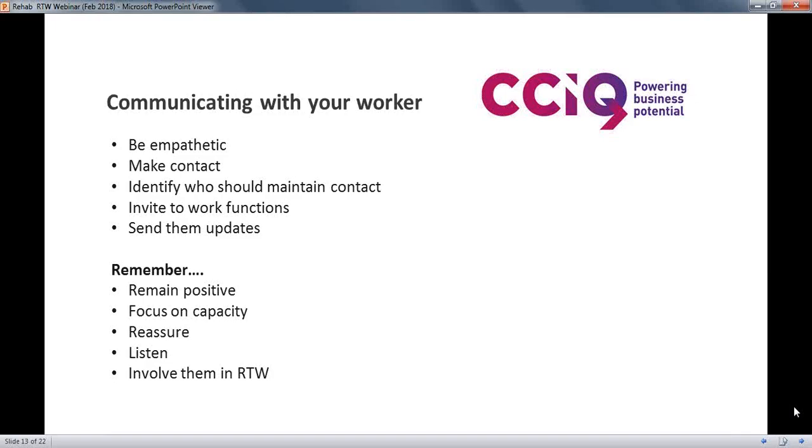It may be longer. So there's a number of things there that are going to affect you in each case, but if you can focus on ensuring these things occur in terms of communicating with your worker, you're more likely to get through the dark and stormy parts, and the times when the employee may themselves not be clear as to whether they're ever going to be fit enough to do the role.